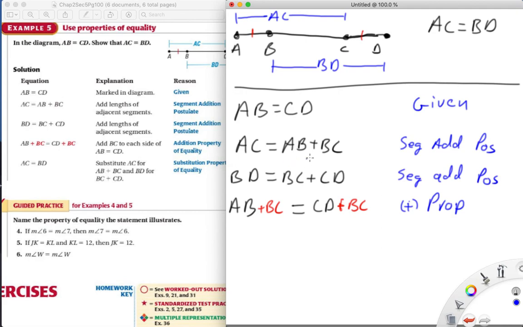I can substitute AC for AB plus BC, and I can say that AC is equal to BD. And I can say that because of the substitution property of equality. Welcome to the world of proofs.